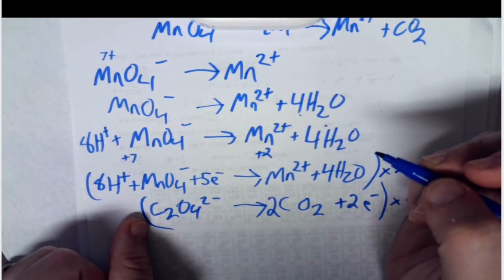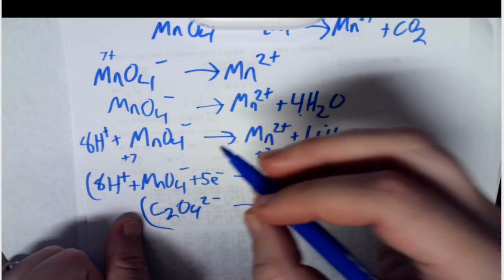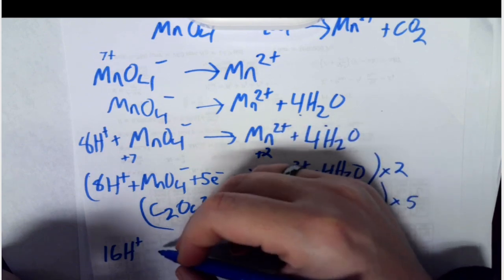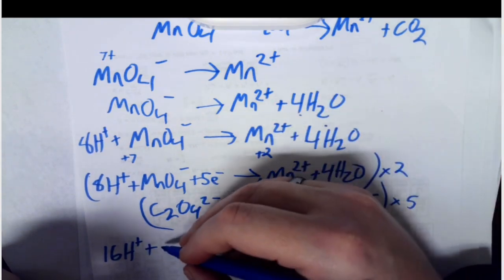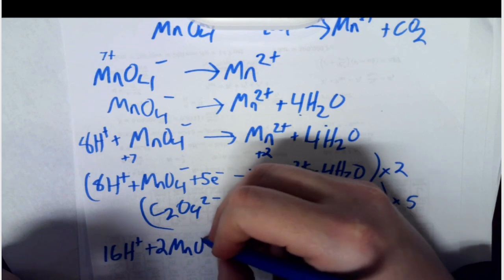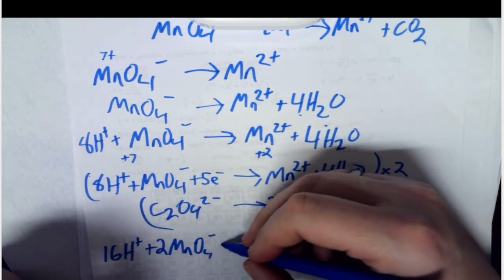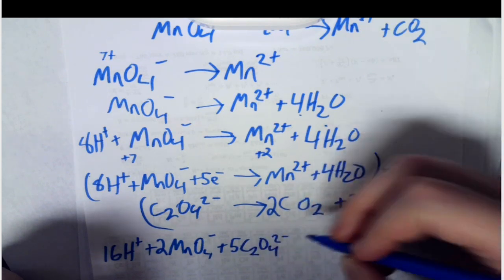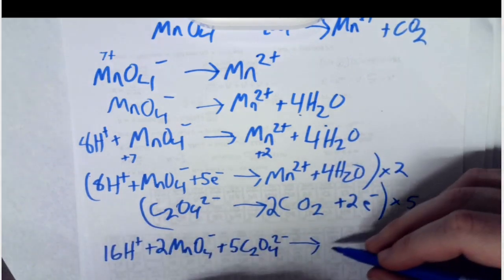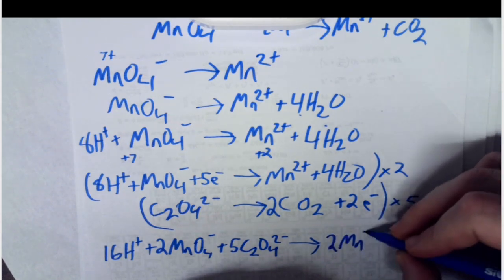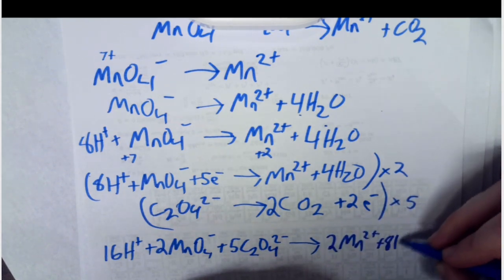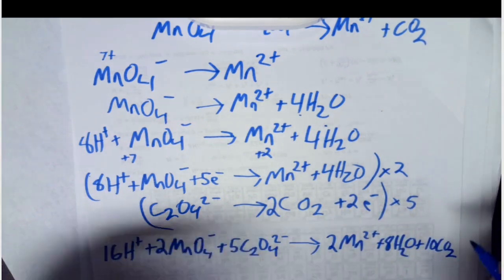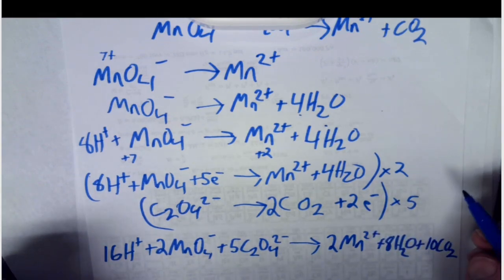So when all's said and done, we have 16H+ and 2 MnO4 minus plus 5 C2O4 2 minus goes to 2 Mn2+ and 8 water and 10 CO2. There's my balanced chemical reaction.